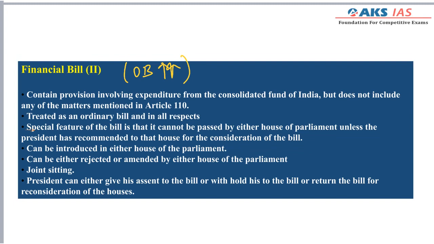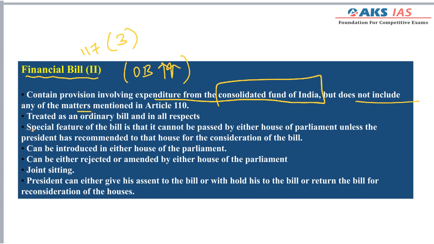The speciality of financial bill 2 is that it is mentioned in Article 117, clause 3, and it contains provisions involving expenditure from the Consolidated Fund of India, but it does not include any of the matters related to Article 110, that is, the money bill. In this case, financial bill 2 is usually considered an ordinary bill in all respects.